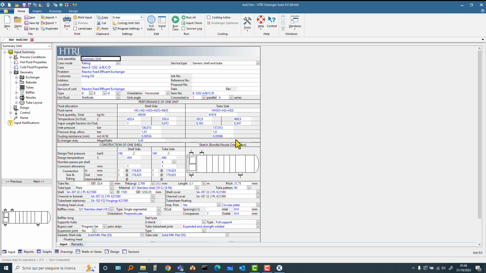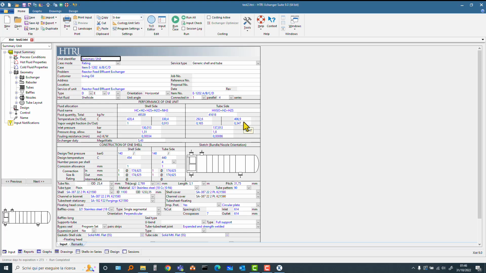Why are they in series? They are in series because there is a very high temperature cross. You see the shell side in which there is the hot fluid. The inlet temperature is 429, outlet temperature 330, while on the tube side you have 292 at inlet and 406 at outlet.